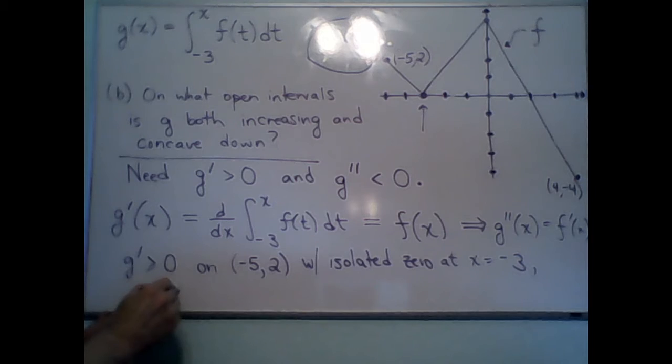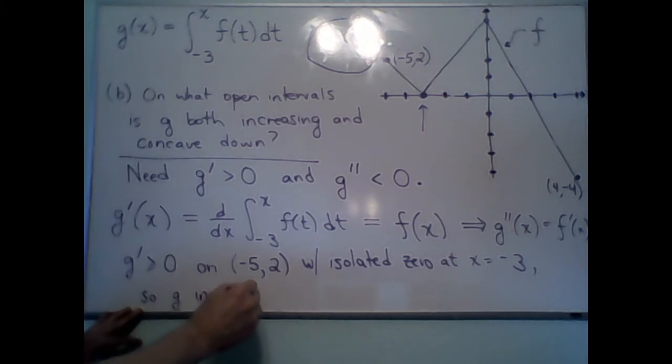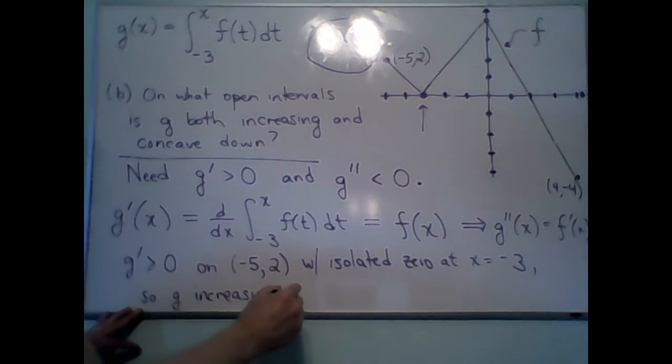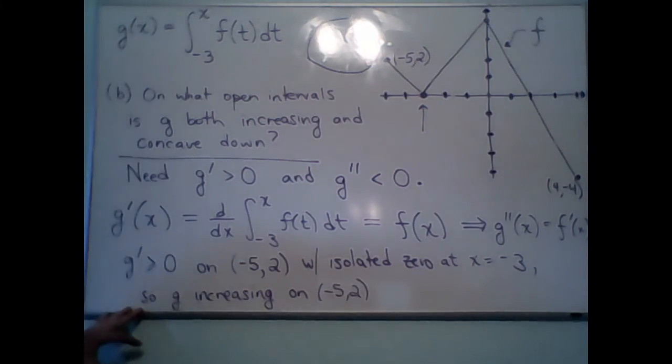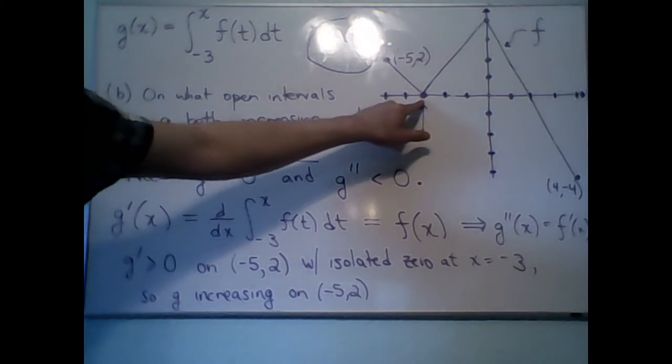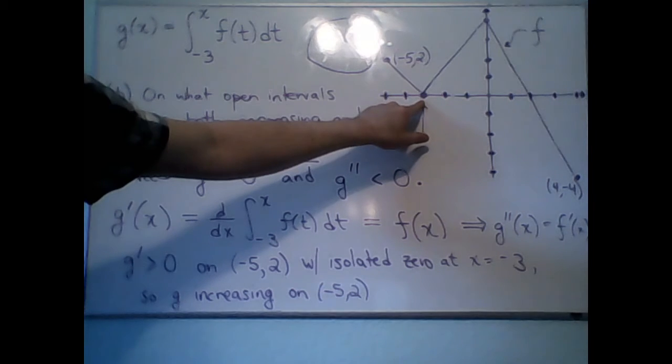So f, or rather, so g is increasing on that entire range of values. It's also increasing at -3, and this is a little bit counterintuitive, but I want to explain why that is.